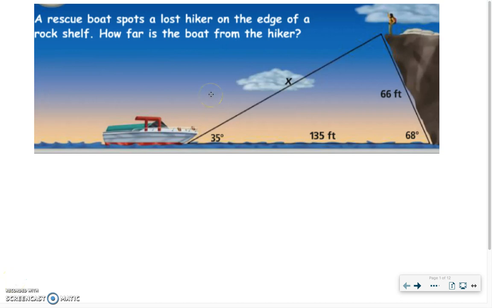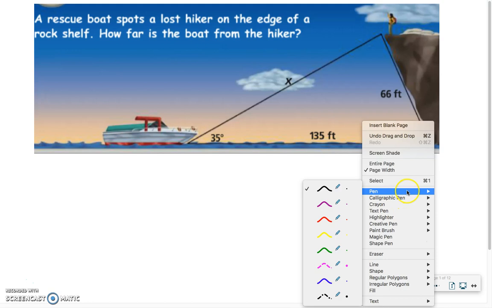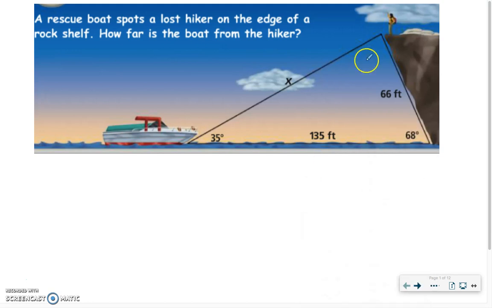All right, now that you've had some time to think about it, I'm going to walk you through what some process is right now based on what you've learned and what you've done. So currently we know that we do not have a right triangle due to the fact that this top angle up here is not equal to 90 degrees, and that top angle is equivalent to 77 degrees.